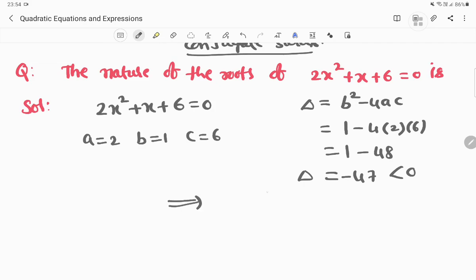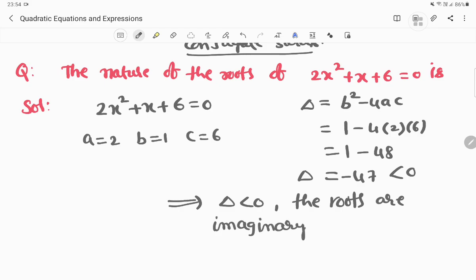That implies that delta is less than 0, the roots are imaginary and complex conjugate to each other.